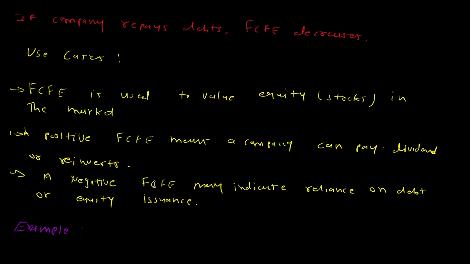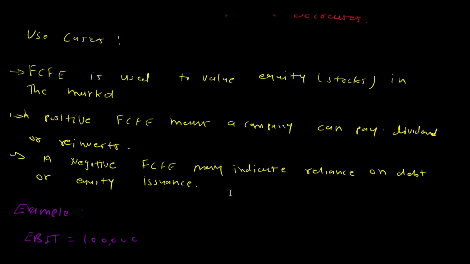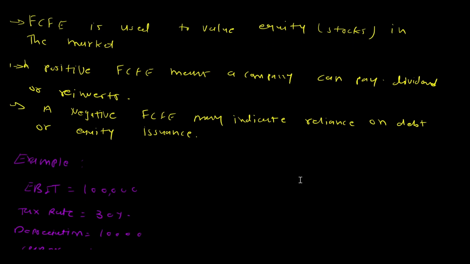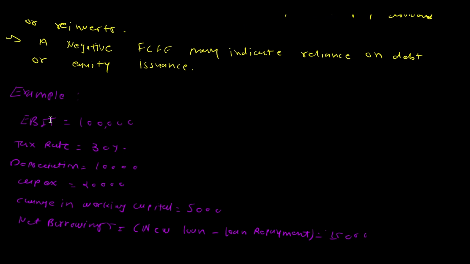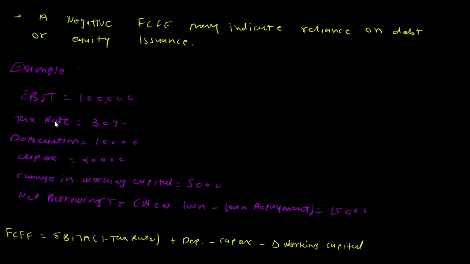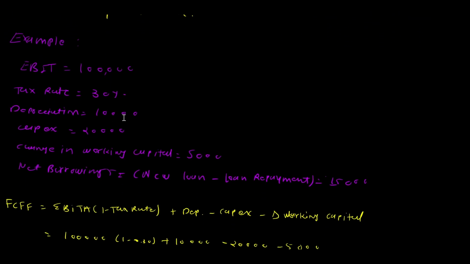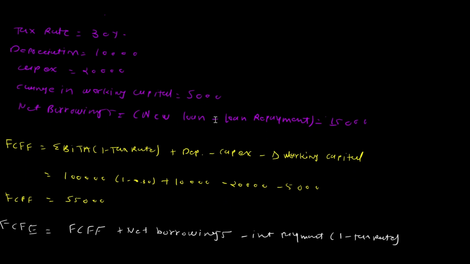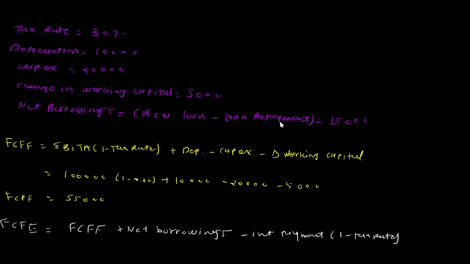A negative FCFE may indicate reliance on debt or equity issuance. So let's do the example. For example, my company's EBIT is 1 lakh, tax rate is 30%, depreciation is 10,000, capex is 20, change in working capital is 5, and my net borrowing, new loan minus loan repayment, is 1500.